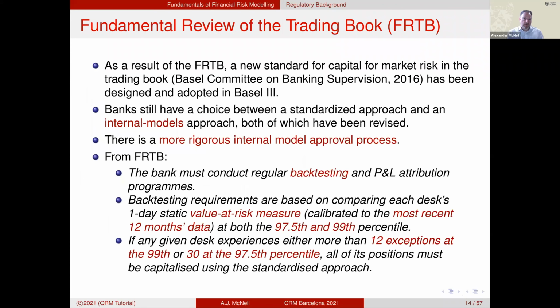But at one point, I had a very good look at a document called the Fundamental Review of the Trading Book, which came out after the financial crisis, published by the Basel Committee. And this was the review of the current, at the time, standard for market risk in the banking book and the suggestion of improvements to make it more rigorous.